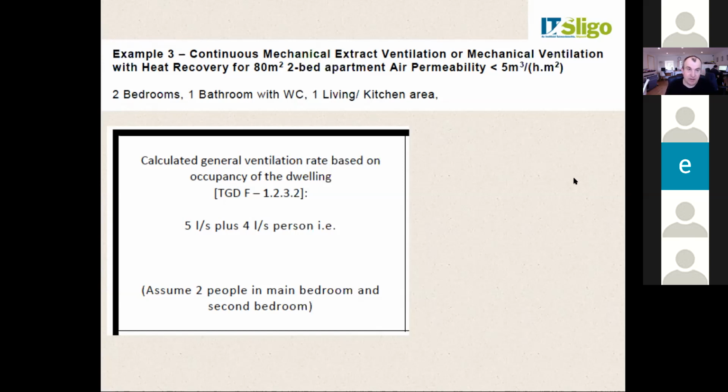This is for a similar type of calculation, but this time it is for an 80 meters squared, 2-bed apartment where you have 2 bedrooms, 1 bathroom with a toilet, and 1 living kitchen area. So it's exactly the same process as what we did a moment ago.